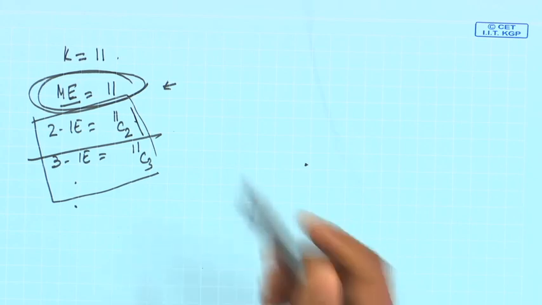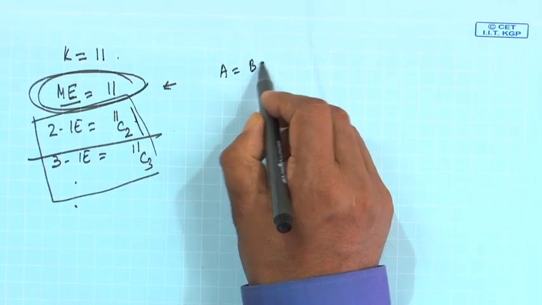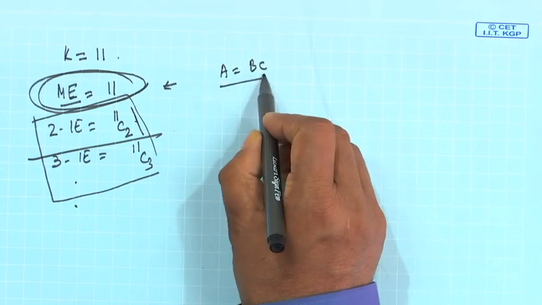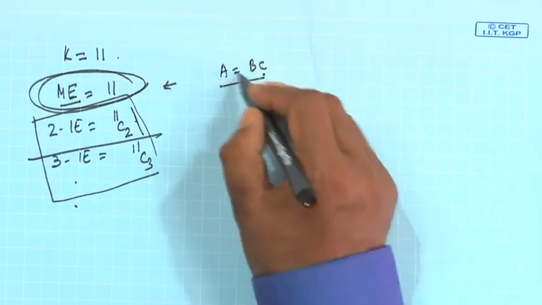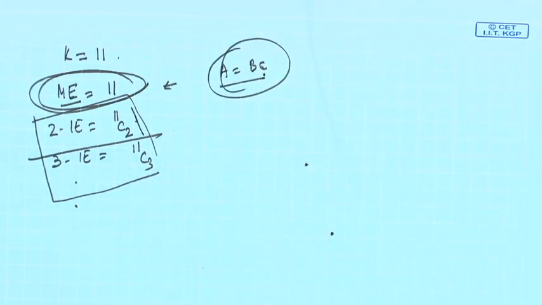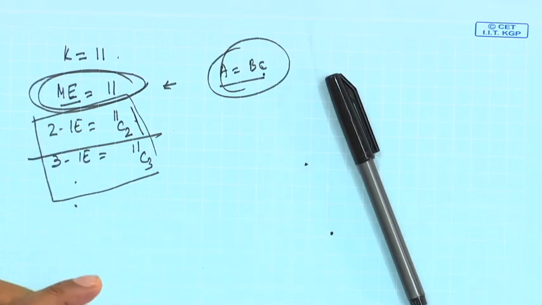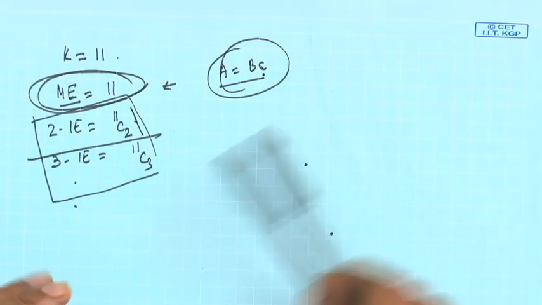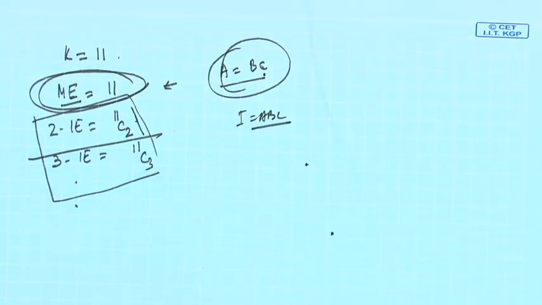In the earlier case we wrote that a main effect, suppose A, is aliased with a second-order interaction, suppose BC, and we wrote it like this. But in this design that kind of alias structure is not there, or may not be there, and as a result you will not get defining relations. So, I equal to ABC kind of things you will not get.